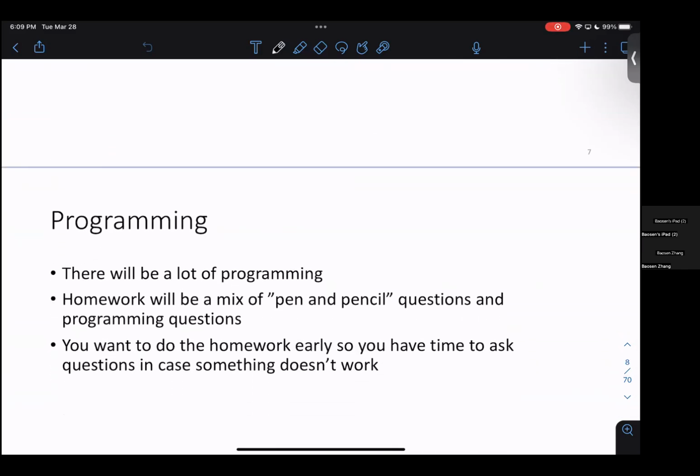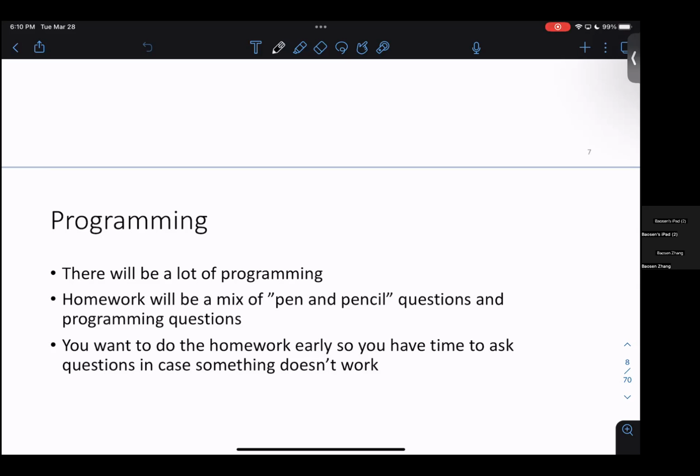All right, so programming, again, there'll be lots of programming. Homework will be some things you write down, some things you do on a notebook. Try to do homework early, especially towards the end of class. There will be a lot of programming issues that come up, so we'll be loading all kinds of packages in notebooks. Sometimes they just don't work.